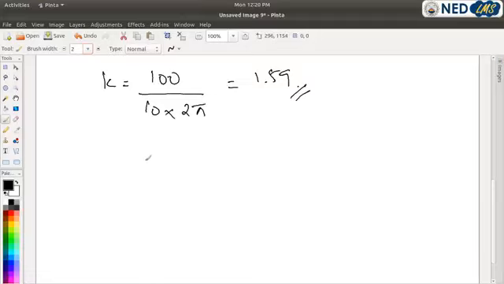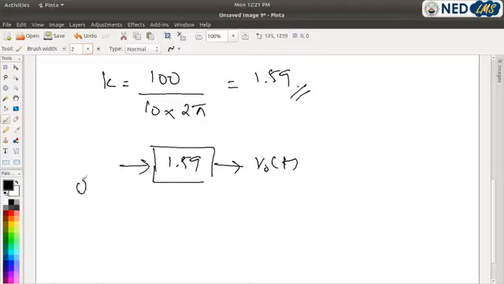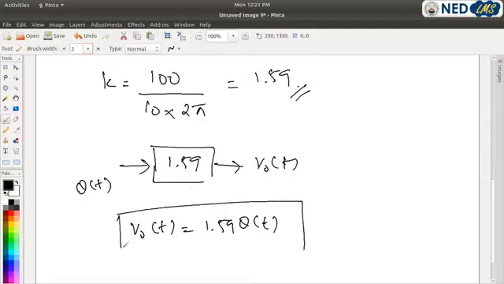In a block diagram, I can represent this this way, or mathematically I can write it as V of t is equal to 1.59 theta of t.